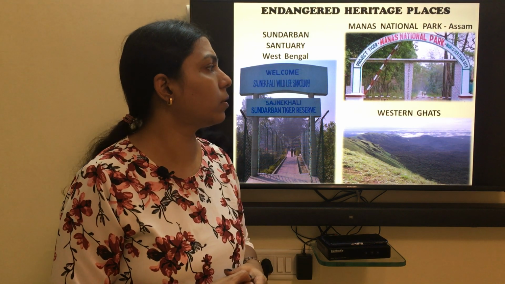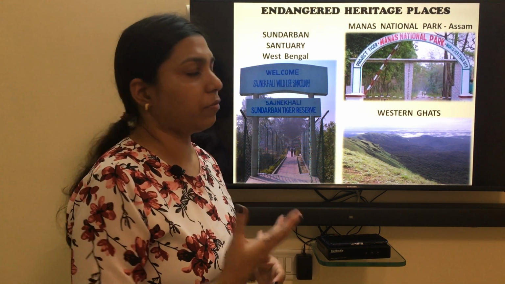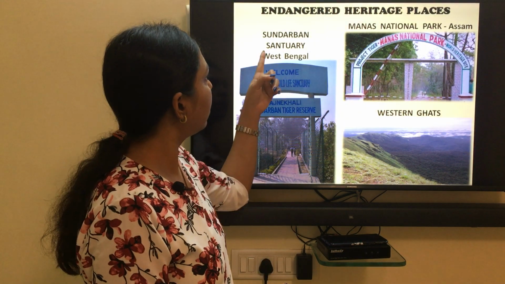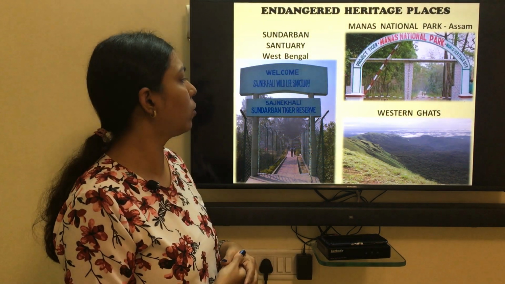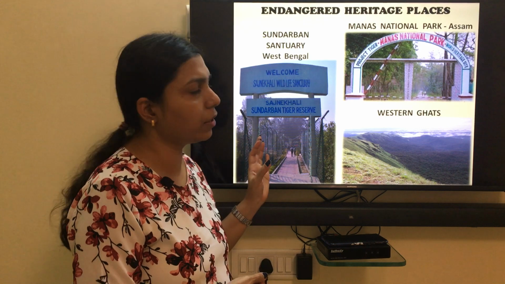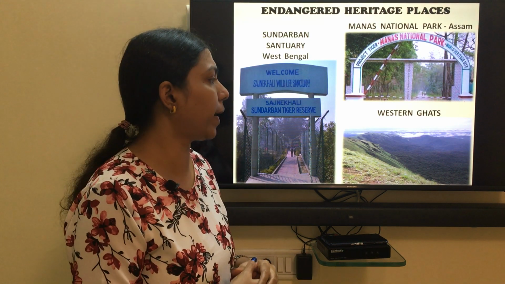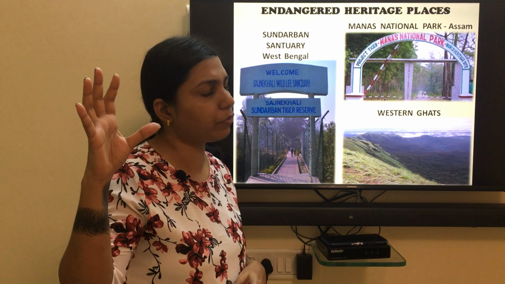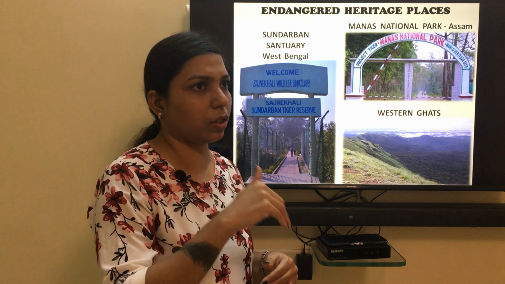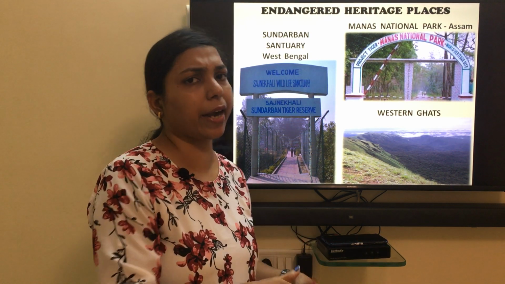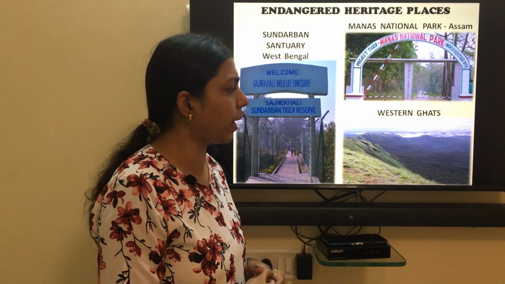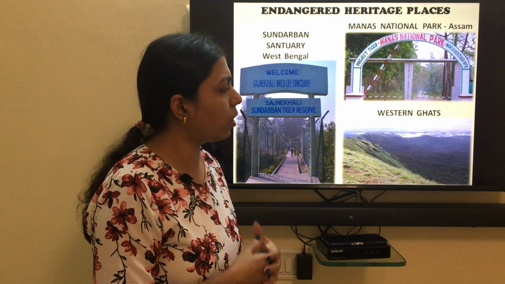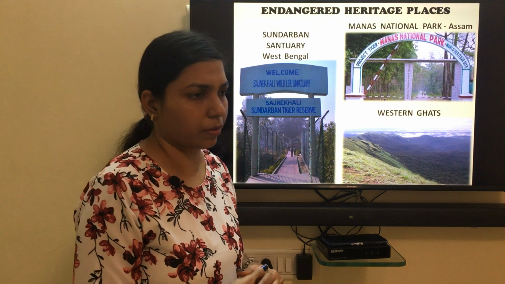Okay, they have safaris which go on in these places. Then you have the Sundarban sanctuary in West Bengal, which is totally dedicated to the tigers. They take care of the tigers over there. And the Western Ghats, which are spread right from Gujarat, Maharashtra, Goa, Kerala and Tamil Nadu. These are the Western Ghats, which provide a habitat for a large variety of animals.